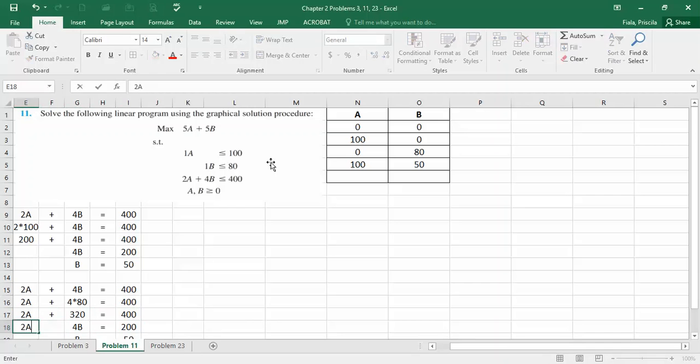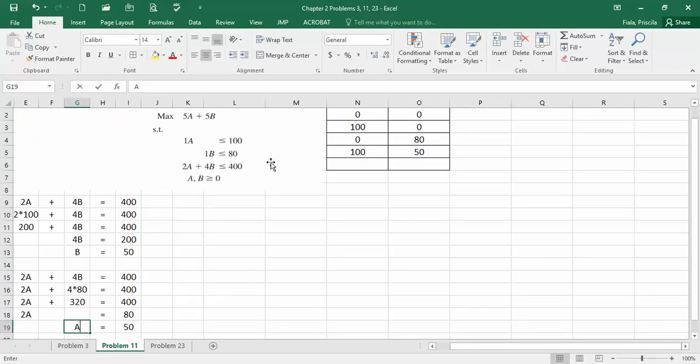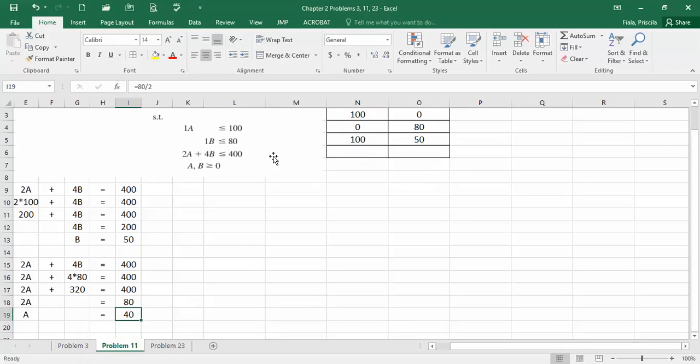Now you're subtracting 320 from both sides, so you do 400 minus 320, which is 80. Lastly, you divide both sides by 2, so A is equal to 80 divided by 2, which is 40. So now we know that when B is 80, A is going to be 40.